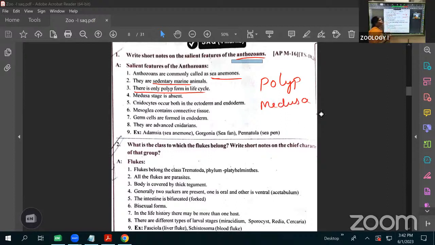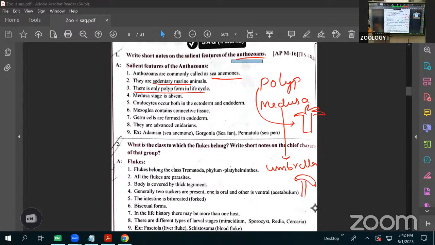The polyp is cylindrical in structure. The medusa has an umbrella shape.